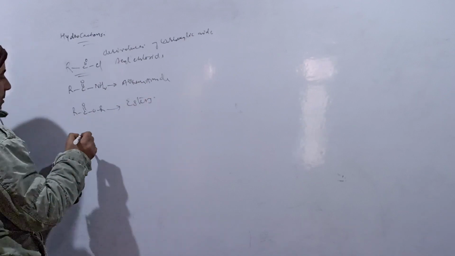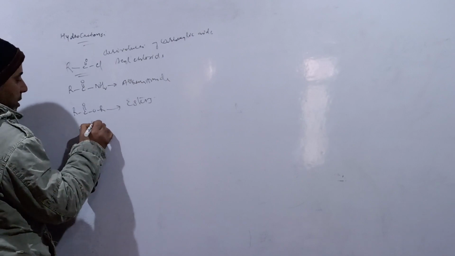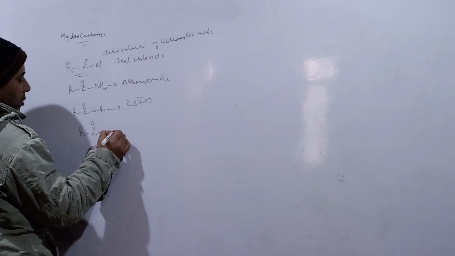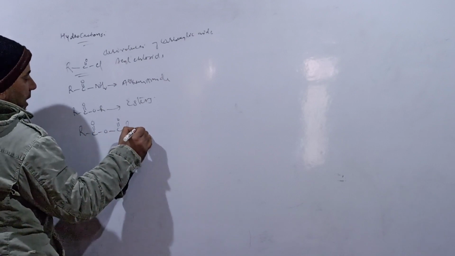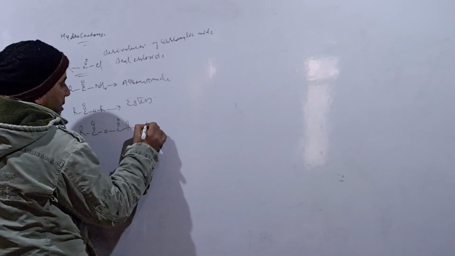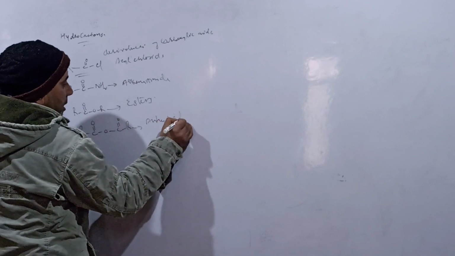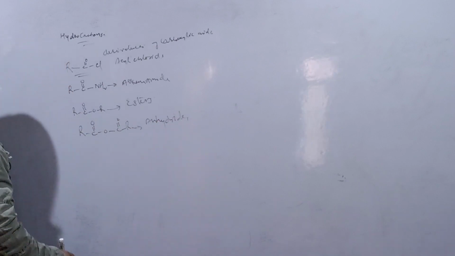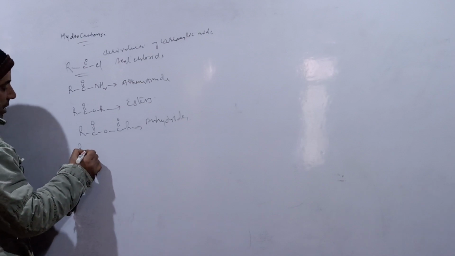In a similar manner, if this is represented as R single bond C double bond O single bond C double bond O single bond R, this is called anhydrides.